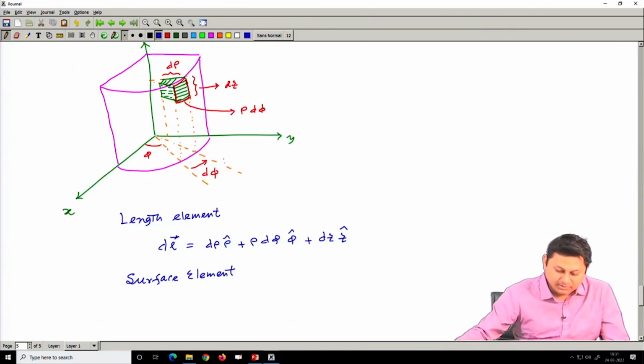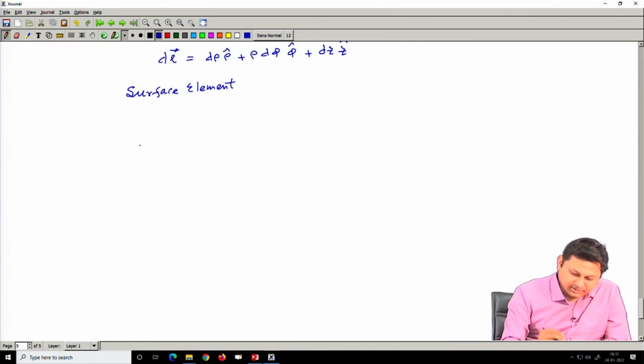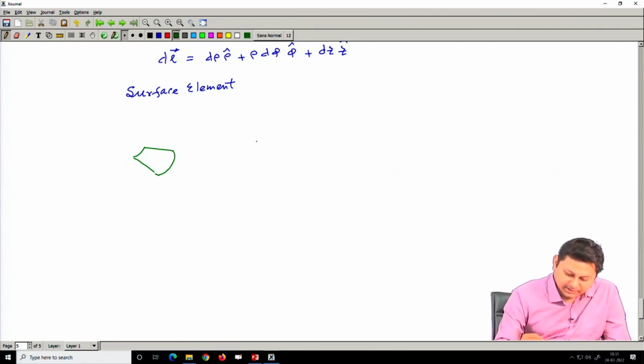What is the surface element here? There are three surfaces you can see. So these three surfaces, if I draw separately: one surface like this, another surface is like this, and another surface is like this.